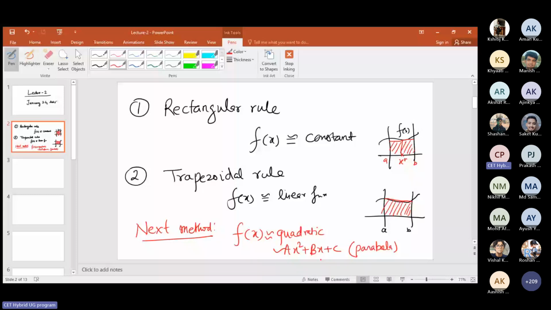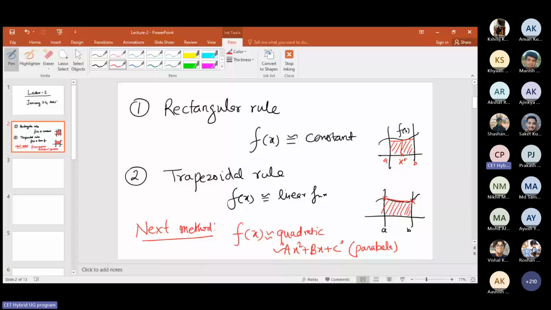Now, the natural question is, how many points do you need to determine a parabola? For a line, you need 2 points. If you want to draw a specific fixed line, you need a minimum of 2 points.